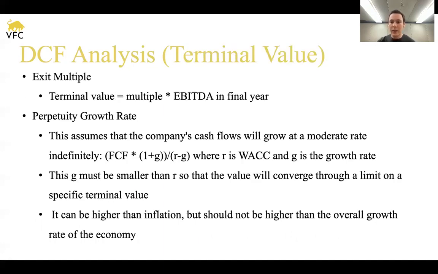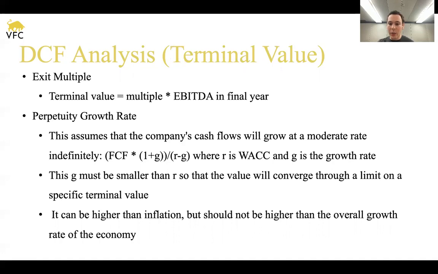The last step of a DCF is finding the terminal value. So remember that a DCF says that a company is worth the present value of its future cash flows, but we only project out cash flows for 5 to 10 years. So we account for cash flows beyond that period by calculating terminal value. First method that you could use is pretty simple. You take an exit multiple, like the ones that we found in public comps, and apply it to the final year's data.